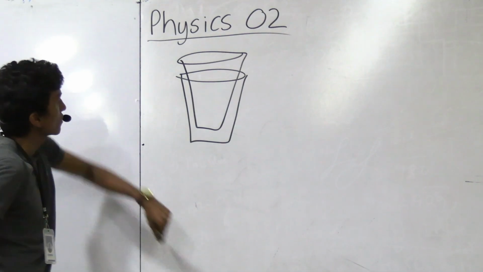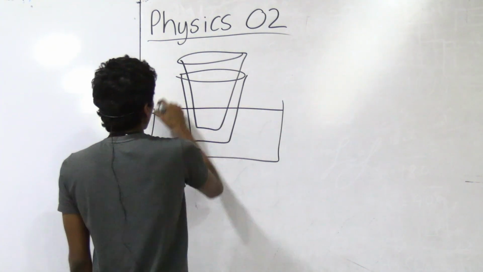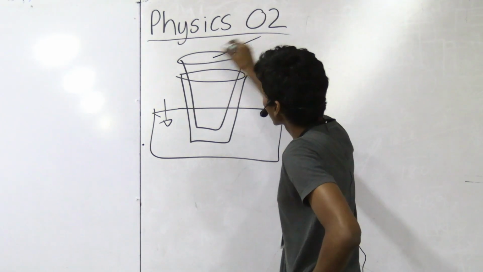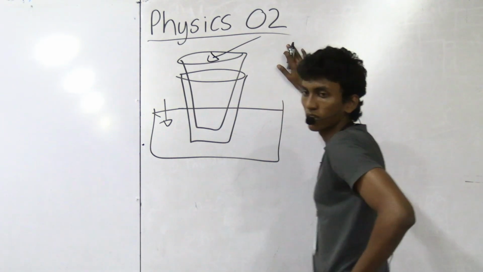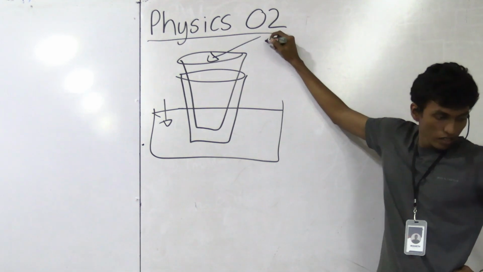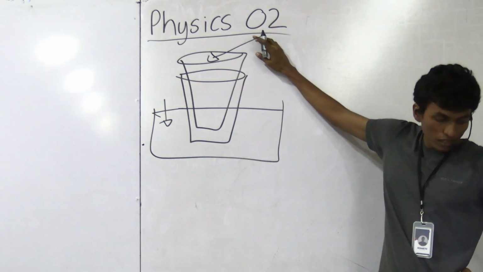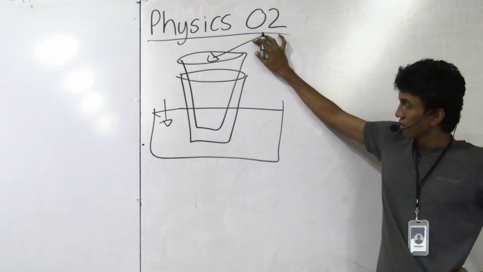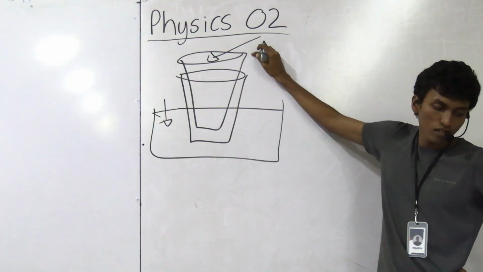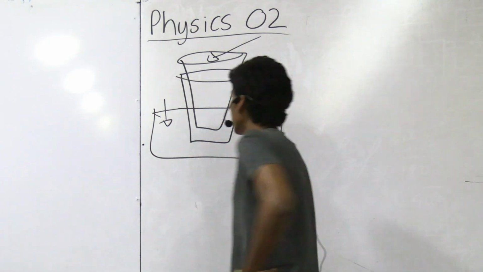They have given us 5 answers where they have filled this part with one temperature of water and the inside of this cup with another temperature of water. In the first answer they have given hot water for here and hot water for here as well. In the second answer it's cold water here and hot water here. In the third answer it's hot water here and cold water here. And in the fourth answer it's both cold water.